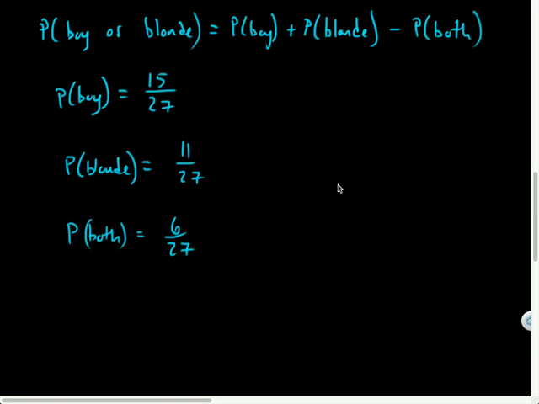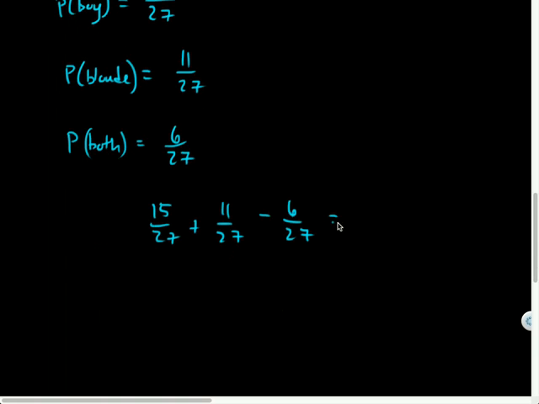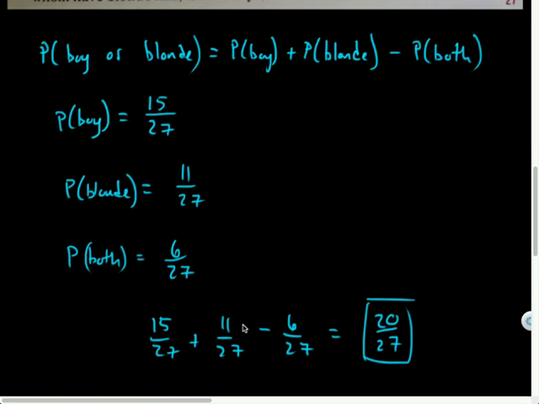So the overall probability is going to be 15 27ths plus 11 27ths minus 6 27ths. So that's 20 27ths. Where did the 6 come from? The probability of both blonde and boy. Because if I just added these two, I actually counted the blonde boys twice.